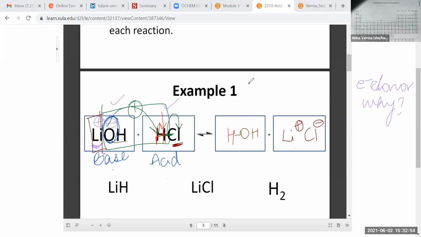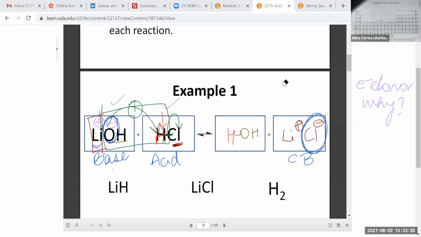Actually, that would help you figure out who among these two is your conjugate base and who among these two is your conjugate acid. So what is going to be your conjugate base? Is it the lithium chloride? It is the lithium chloride because of the excess electrons on it.